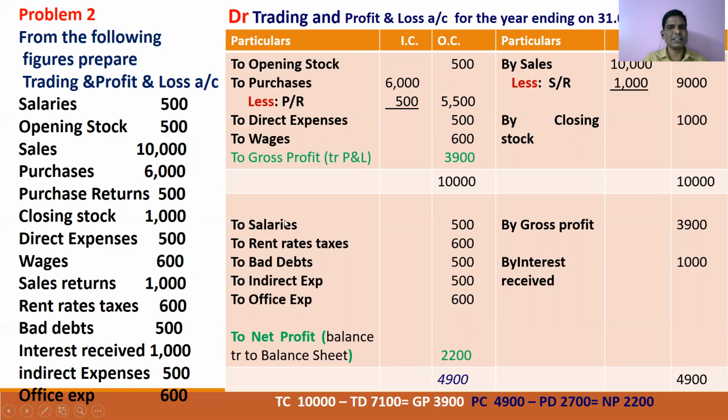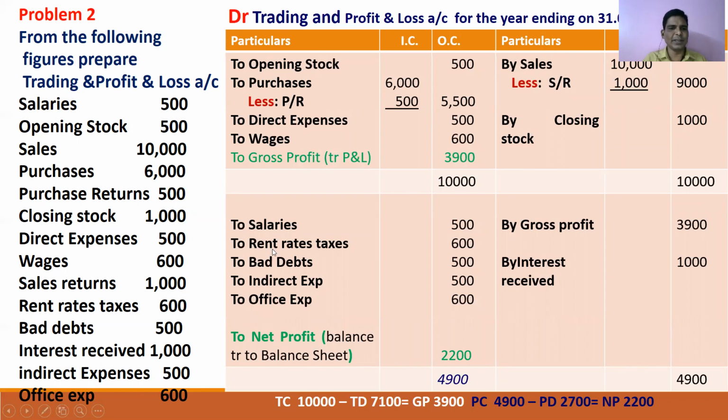Closing stock TC. Direct expenses TD. Wages TD. Sales returns TC minus: 10,000 minus 1,000, 9,000.